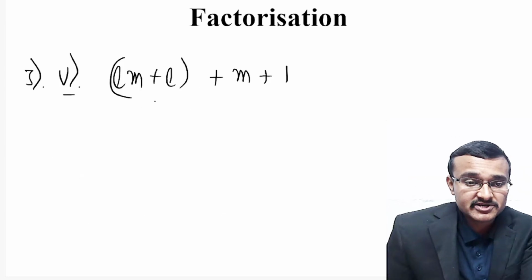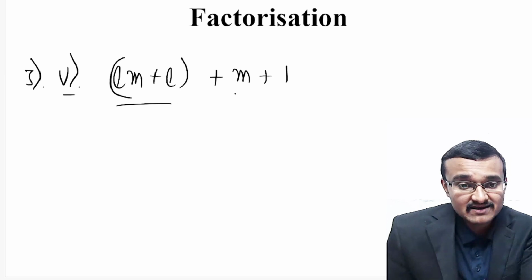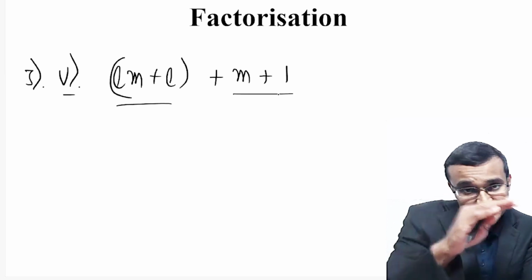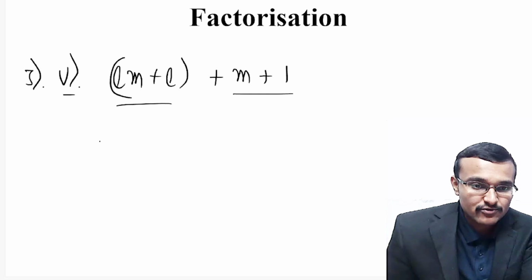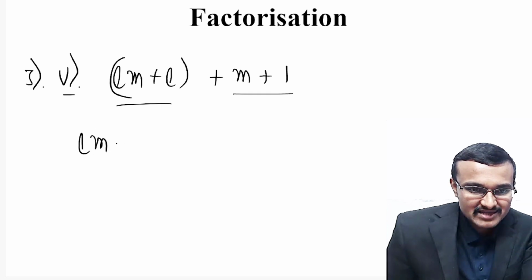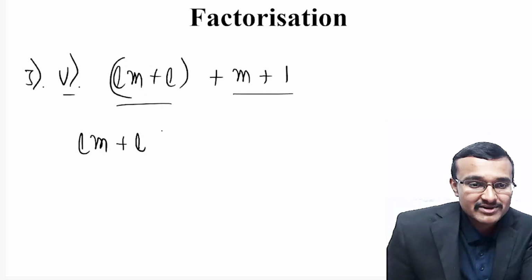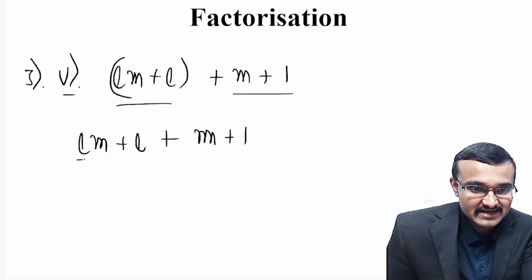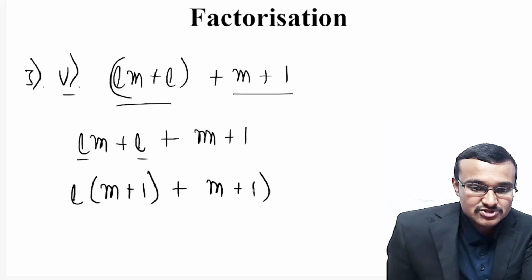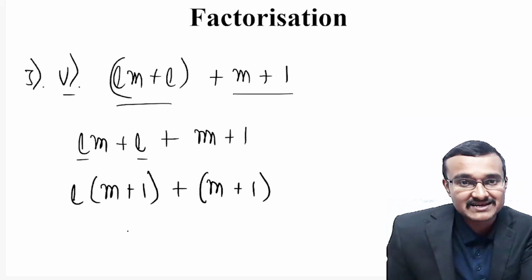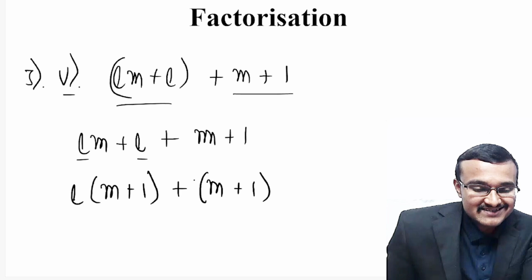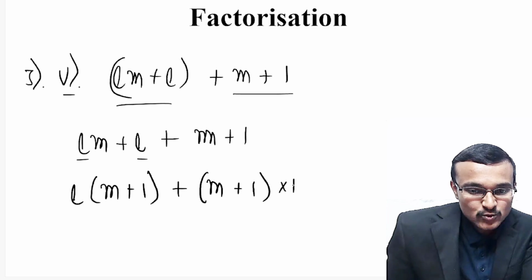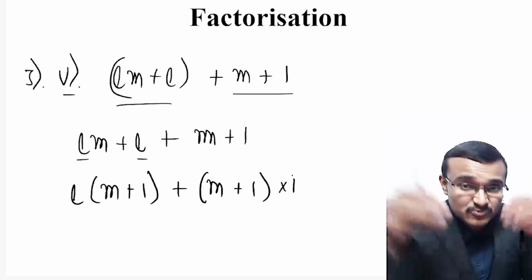Coming to the fifth question in this third question, there they have given lm plus l plus m plus 1. M plus 1 is outside the bracket. So now you can take this lm plus l. You can take l common in this lm plus l, plus m plus 1 is there. So when you take l common from these two, you will get l into (m plus 1) plus (m plus 1). So here if you separate this term like this, you can clearly see this can be written as (m plus 1) into 1, because when you do (m plus 1) into 1, m plus 1 will be remaining.